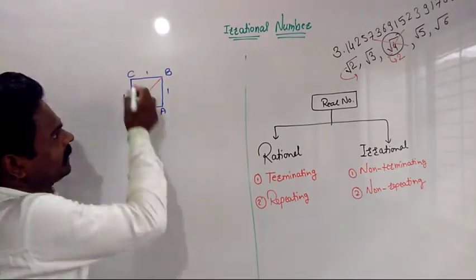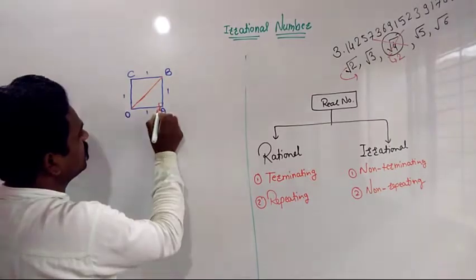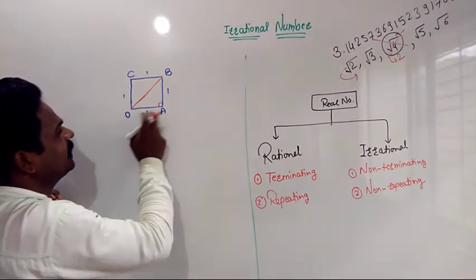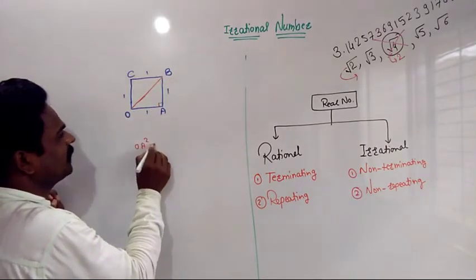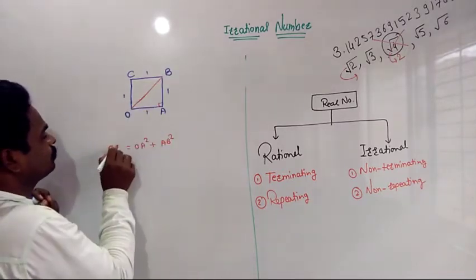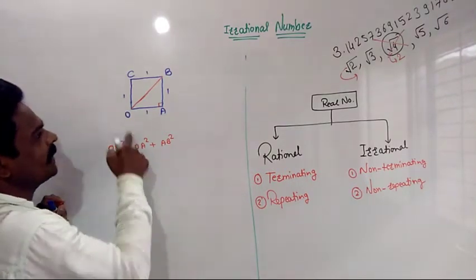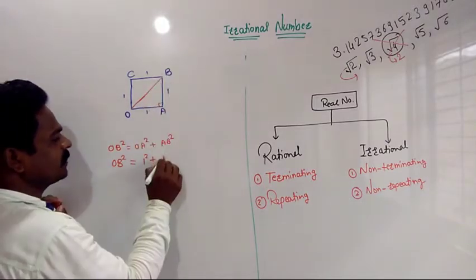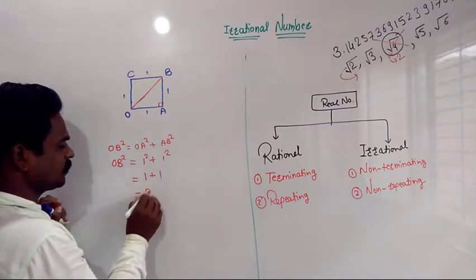Each angle of a square is 90 degrees, so this is also 90 degrees. If we apply the Pythagoras theorem in triangle OAB, we get OA square plus AB square equals OB square. So OB square is equal to 1 square plus 1 square, which is 1 plus 1, equal to 2.